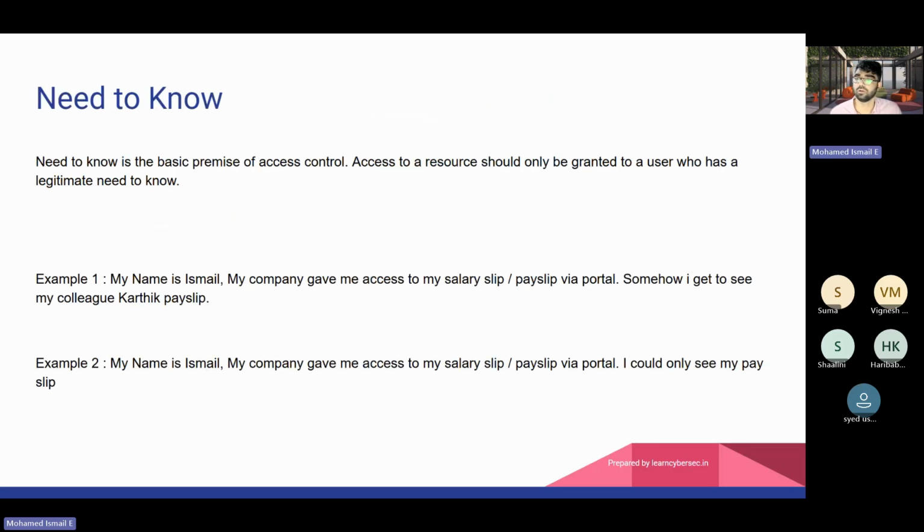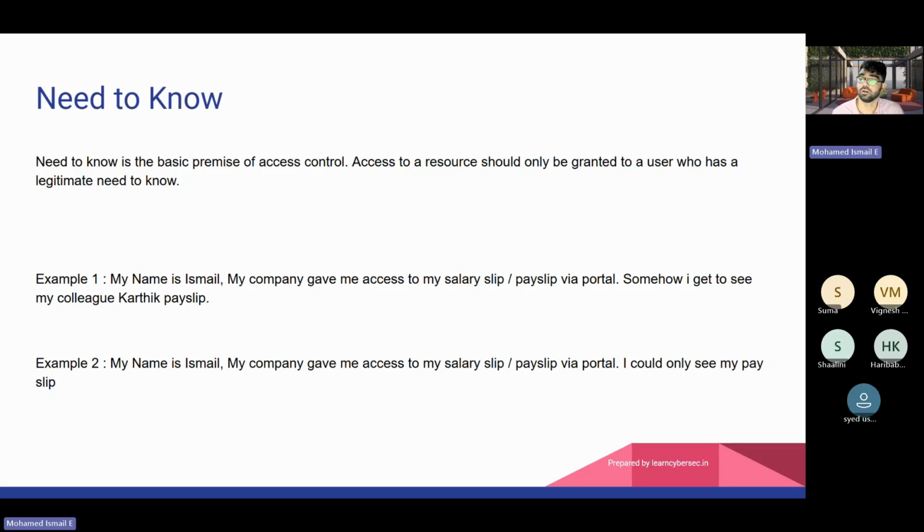Need to know is a basic right. Need to know means when you log into your HR payslip application, you must be able to see your own payslip. When you log into your HR portal and see someone else's payslip, that becomes a problem, because need to know means you have rights to see that data, but you don't have rights to see someone else's monthly salary slip from the HR portal.